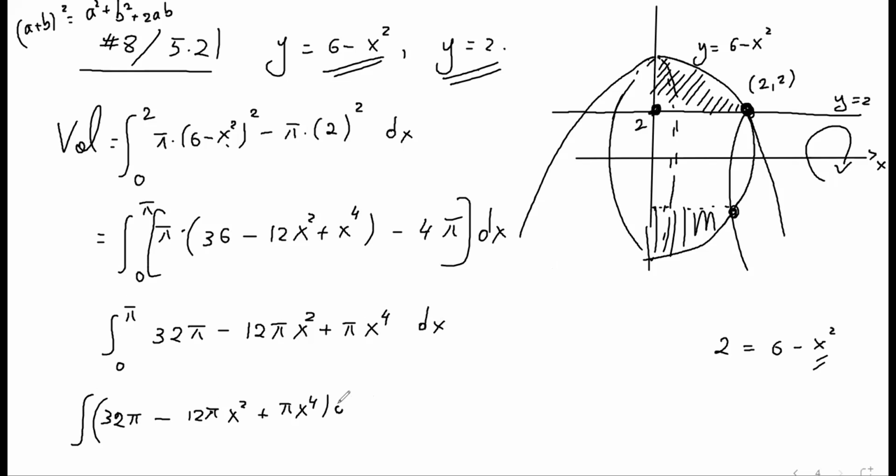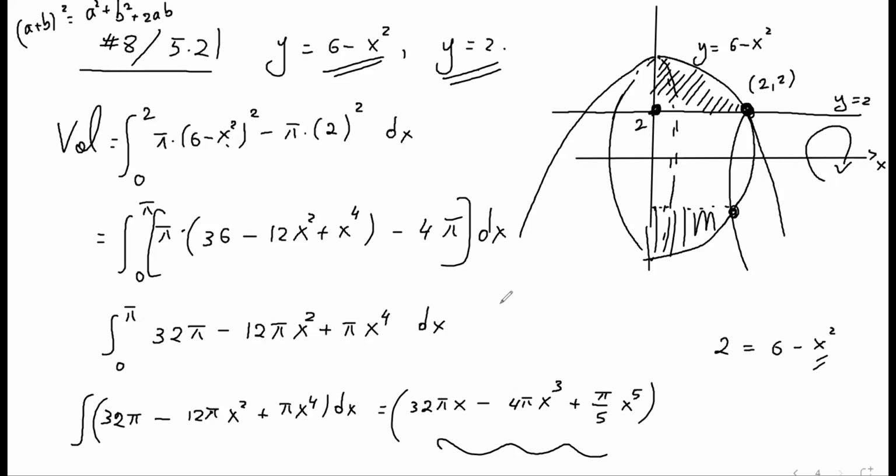And that is going to be equal to 32 pi x minus 12 pi times the antiderivative, 1/3 x cubed, so that's going to be 4 pi x cubed, plus pi over 5 x to the 5th. All right, folks, so this is the thing, and we're going to do this from 0 to pi.